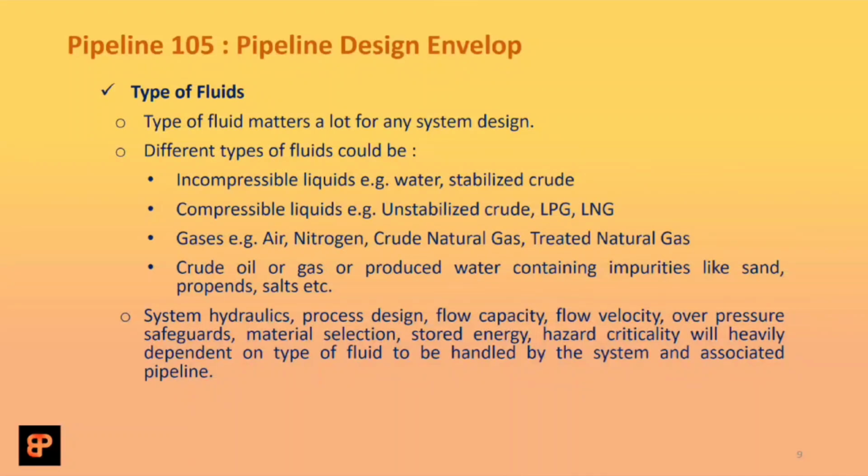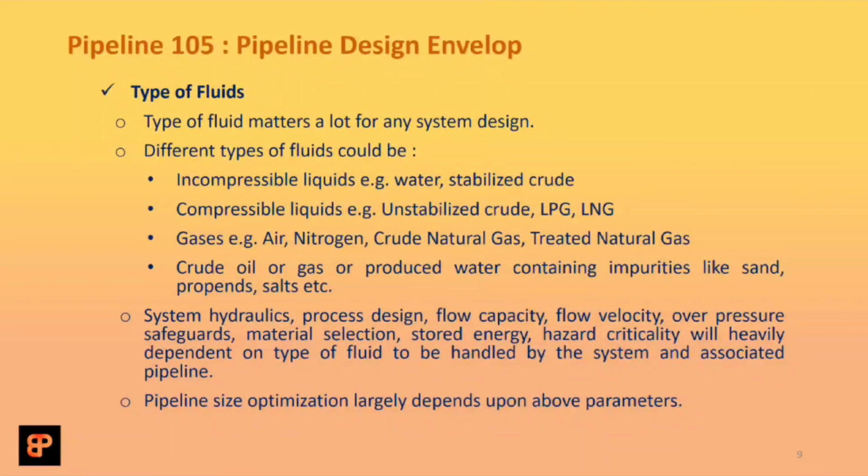So the type of fluid to be handled by the system is very crucial in the overall system design, and the pipeline is one of the critical components, which has to contain the required pressure and volumes. Pipeline size optimization also will depend on all these parameters.